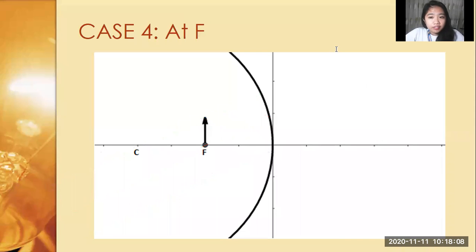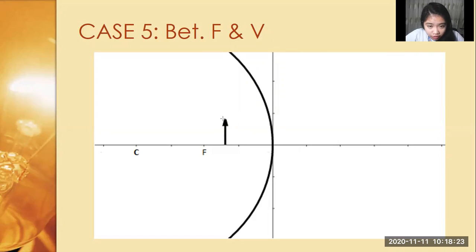Okay, let's go to the last case. For this one, we have our object between F and V. So let us do our special rays. Okay, this one's here.